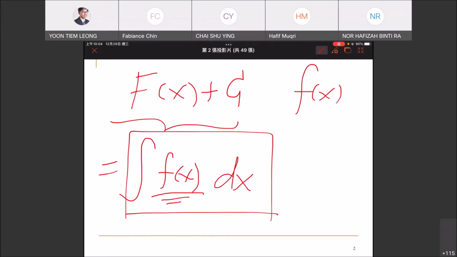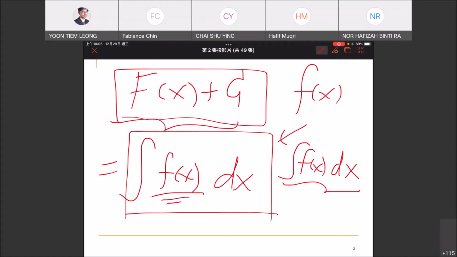The antiderivative for the small function f(x) is written in this form. That is, you have an indefinite integral sign, and you put in the small function f(x). That will represent the collection of all the antiderivatives to the small function f(x).